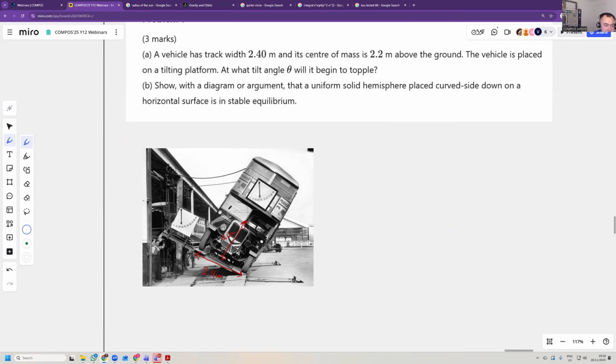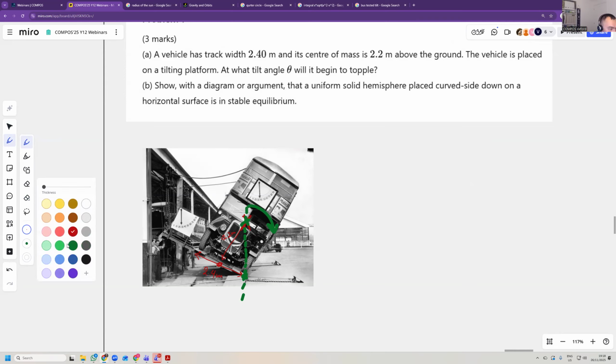So the bus will tilt when the line drawn through the center of mass goes through the edge. So the bus topples over when the center of mass goes over the wheel, effectively. Okay, so let's do some measurements.